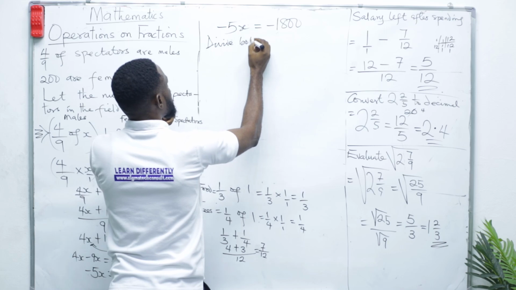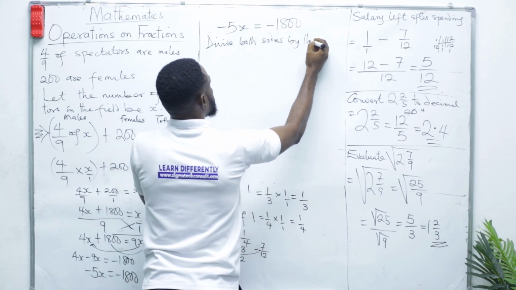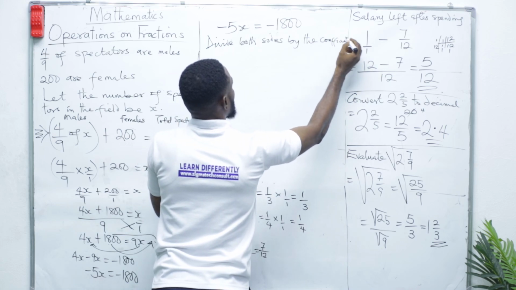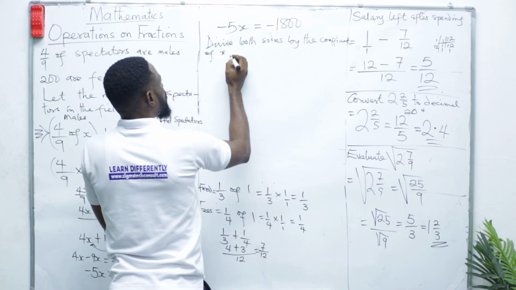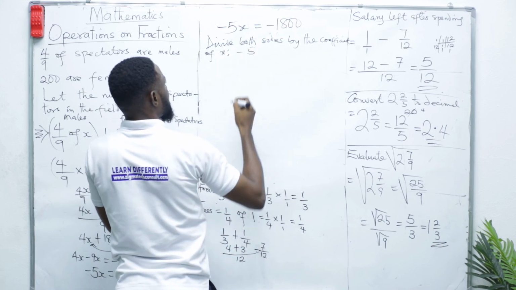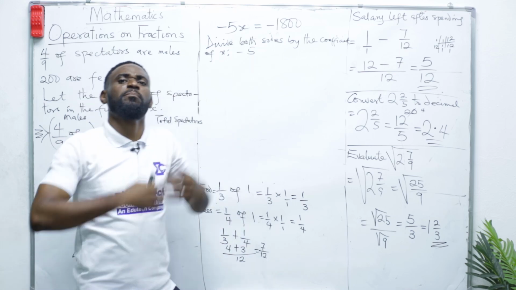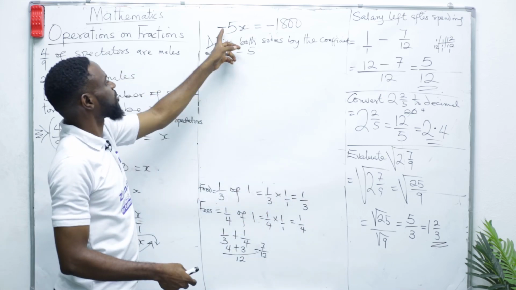by the coefficient of x. The coefficient of x is minus 5. The coefficient of any variable is the number that is multiplying it, that is behind it, at the back. So it is minus 5 that is at the back.